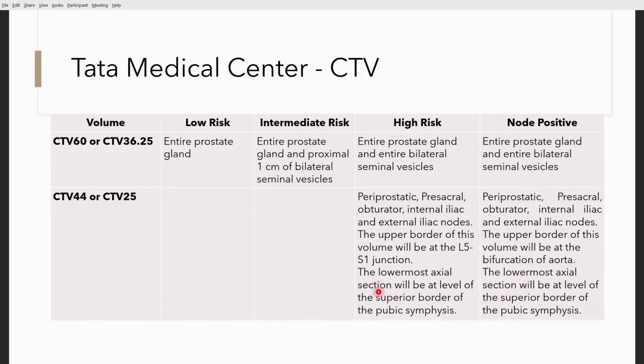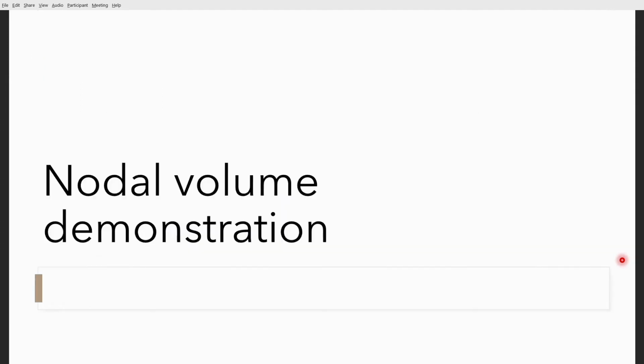Similarly over here. Now, let us take a look at one case, just like we took a look at a case yesterday. So I'm just going to stop sharing this particular screen and shift to a different screen.